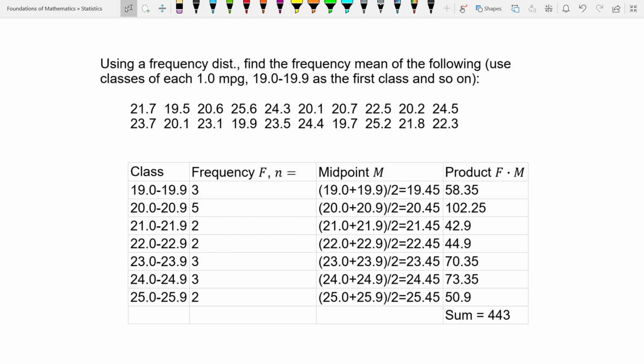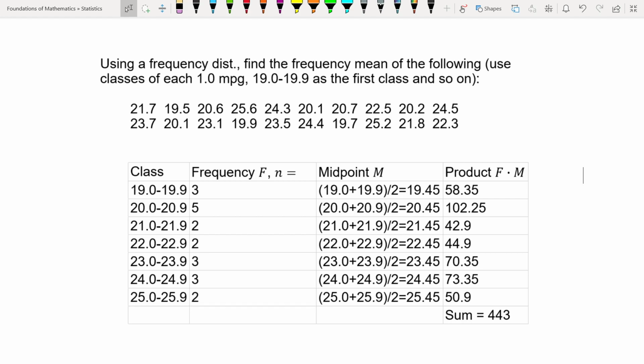A frequency distribution is a chart of how often numbers in specific groups occur. We group the numbers into classes, and this is done because we typically have too many numbers to look at individually, and we group them so that we can see clearer trends. For this problem that I have, to best determine the fuel economy of a particular car model, an automotive technician calculates the mean gas mileage for 20 full tanks of gas.